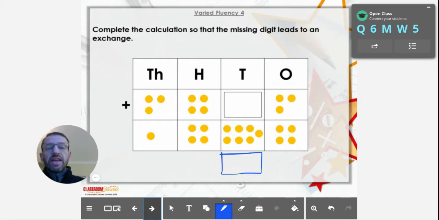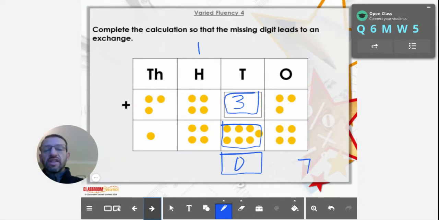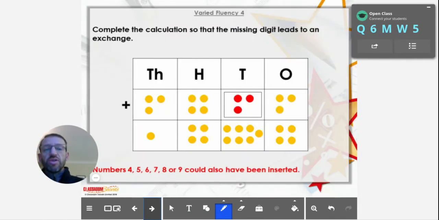Now I can see that already in this box here, I've got 7. So if I want to make an exchange, whatever goes in this box has to be 3 or more. Because if I've had 3 and 7, I've got my 10, won't fit here, I'll end up with a 0, and I'm going to have another 1 up there. So the answer in this box here is 3, 4, 5, 6, 7, 8, or 9. Multiple choice answer, could be anything.